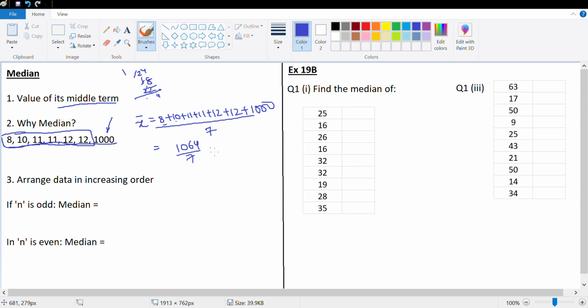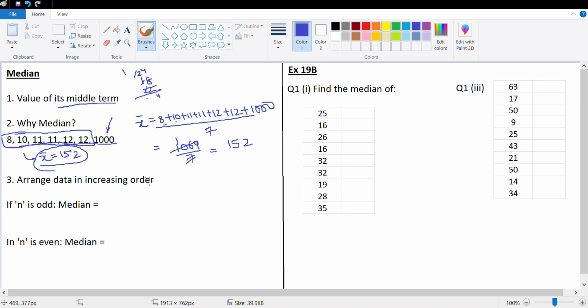Divided by 7, 7 into 1, 7, that's 36, so 7 into 5, 35. So the mean of this data would be 152. Now, out of the 7 data points, 152 is not close to any of the 7 points, which means this would be a skewed way of looking at this data, saying the mean of this data is 152.